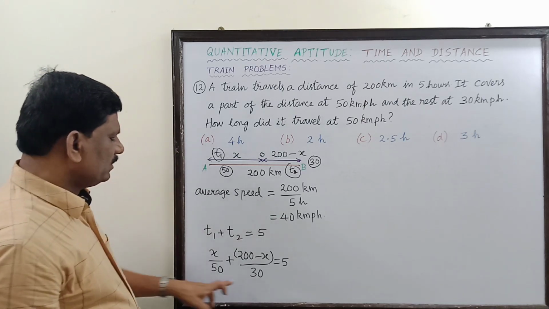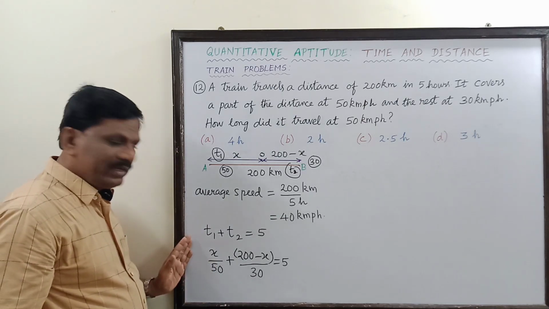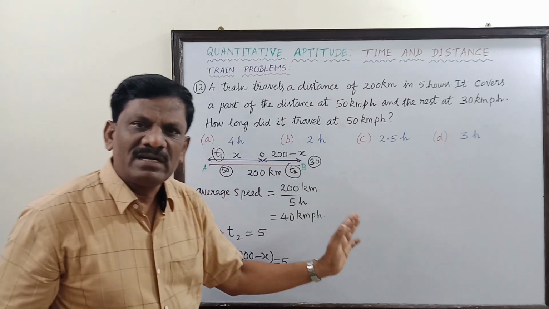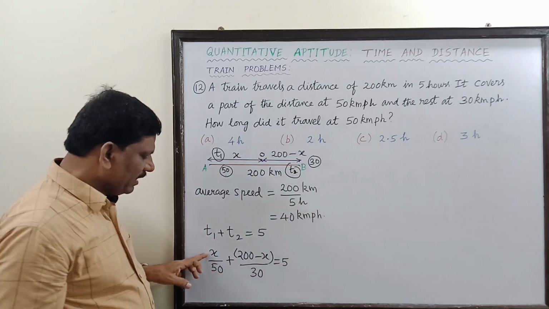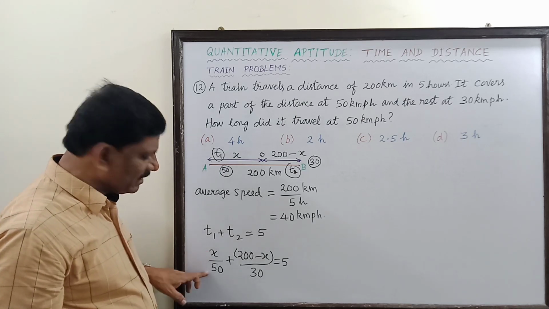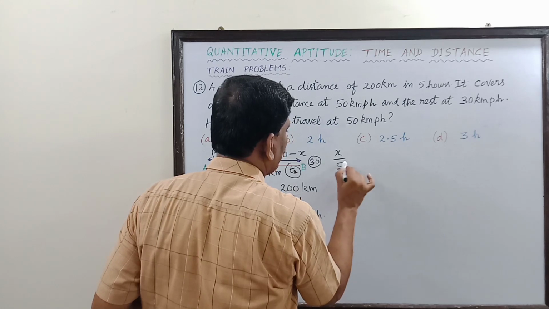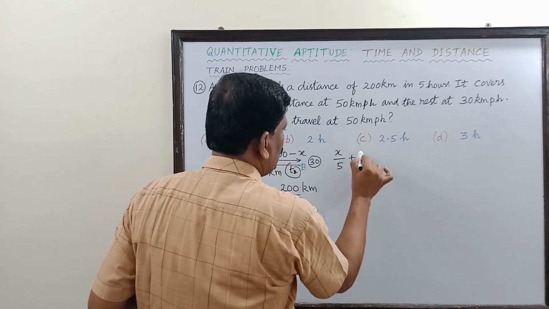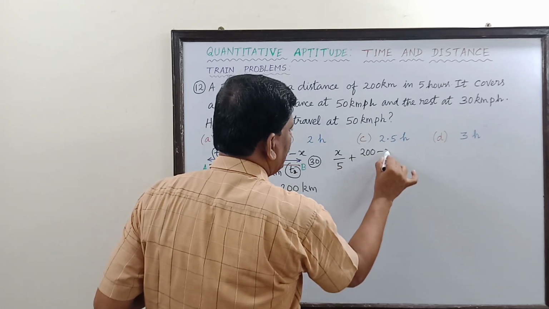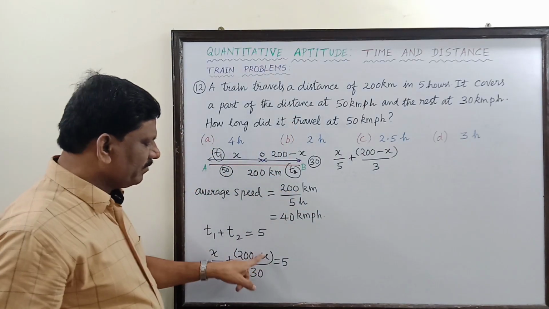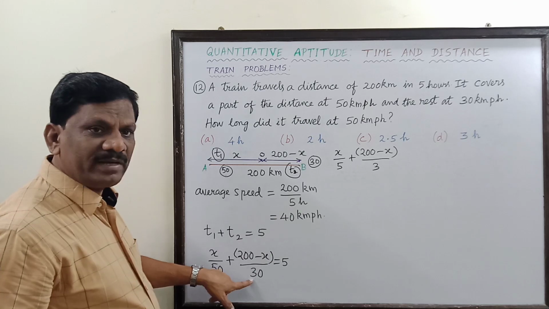Okay. So now I will multiply all the terms by 10 on the left hand side as well as the right hand side. So the first term, when I multiply by 10, will become x by 5. So here I will write x by 5 plus 200 minus x divided by 3. The second term, when multiplied by 10, will become 3.